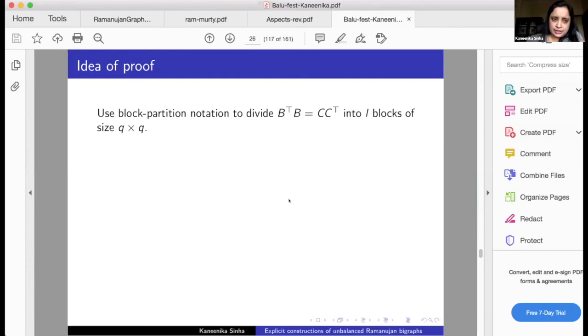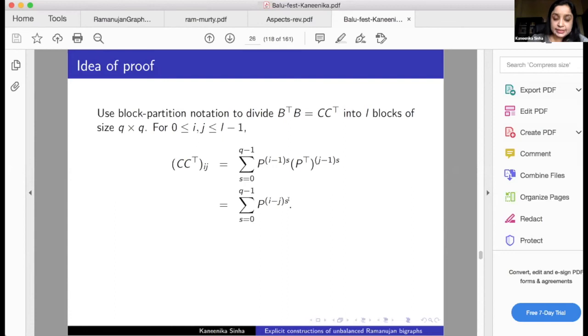Okay, so a brief idea of proof. What we have to do is find out what the singular values of B are. So we take the matrix B transpose B, which by the way we defined it is just C times C transpose of the matrix C. And we use a block partition to divide this matrix into more appropriate blocks of smaller sizes.